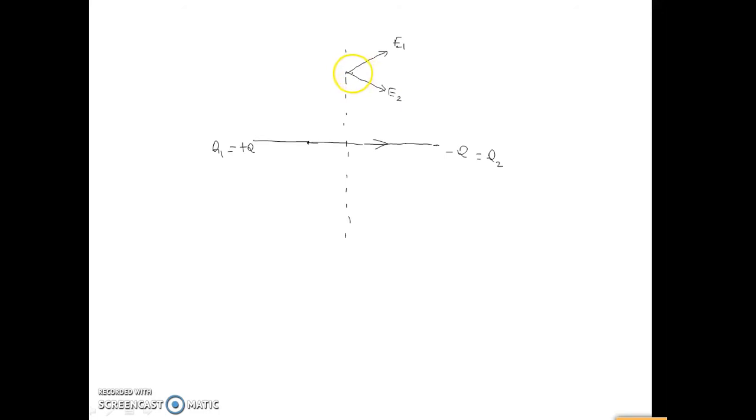So we can see that the vertical components of E1 and E2 get cancelled, and the horizontal components will add. So at this point the direction of the electric field is horizontal. Because of symmetry considerations, even here the direction of the electric field is in this direction. So the field line which is starting at plus Q will be terminating at minus Q.